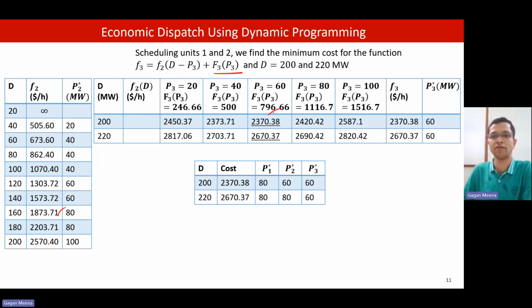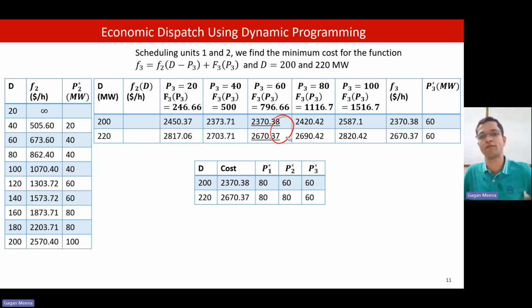Add this cost and this cost. If P3 is 80, add this cost, and then P1 plus P2 has to be 140 at this cost. If P3 is 100, then P1 plus P2 has to be 120 at this cost, 1303 and 1516. Out of these 5 combinations, minimum is this. P3 is 60.